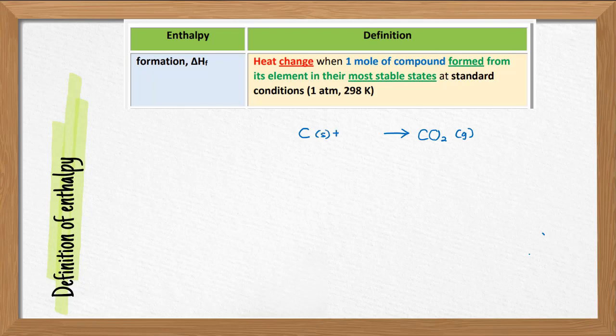And also we have oxygen, and remember that oxygen exists as O2 at its most stable state, and it is in gas phase. So this is the equation for formation of 1 mole of the compound. When 1 mole of carbon dioxide is formed from its elements at their most stable state, we have carbon solid and oxygen O2 in gas phase. Behind it, you have your delta H, which is the heat change, either positive or negative.